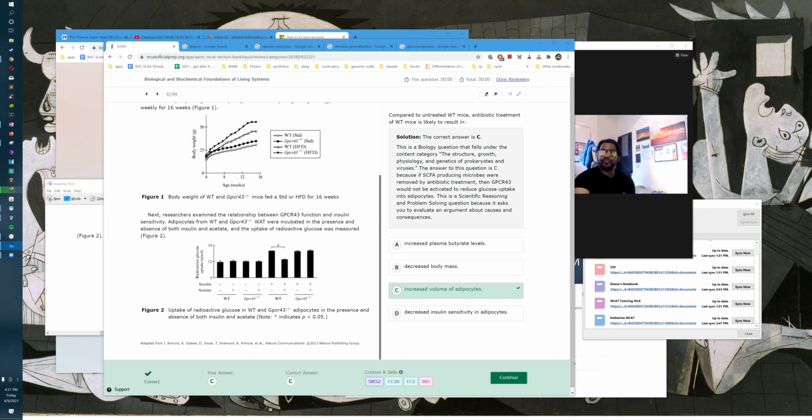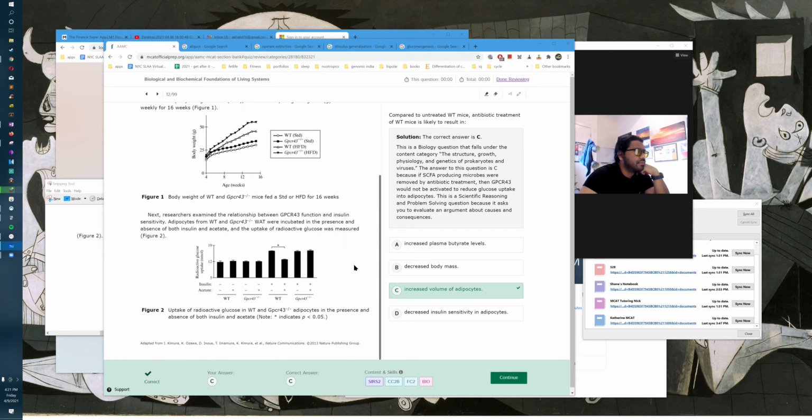Yep. So then if I go to figure 1 and see that the ones that don't have GPCR are the ones that have higher weight, I just assumed that no GPCR activation is the same as not having a GPCR, so that's why it leads to higher volume of fat cells.